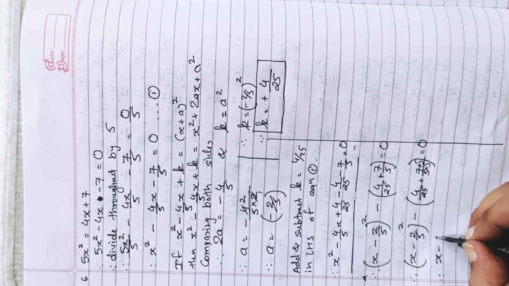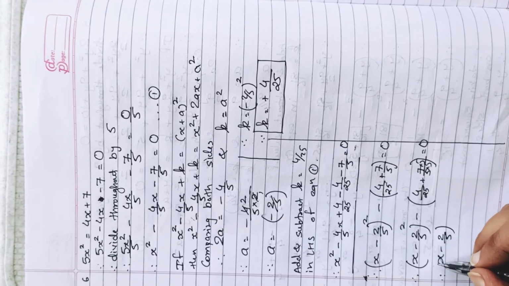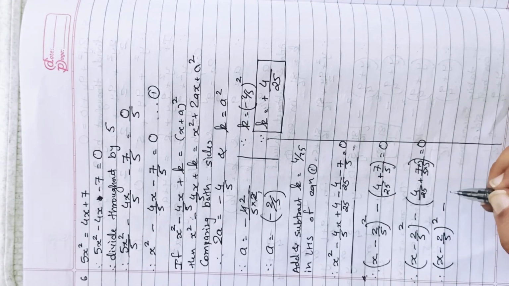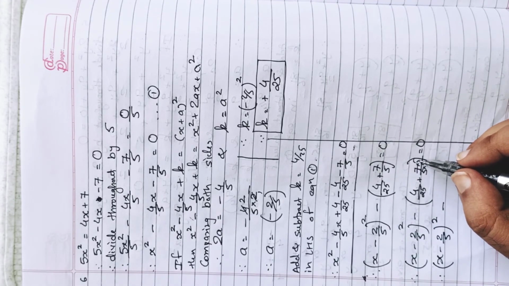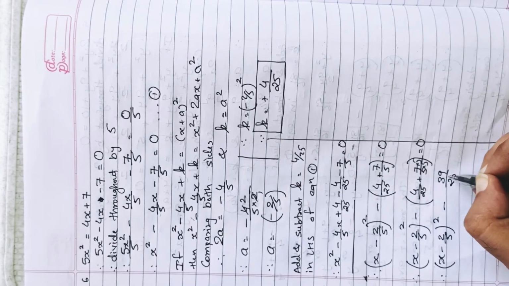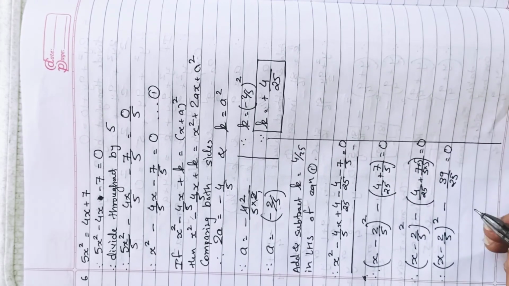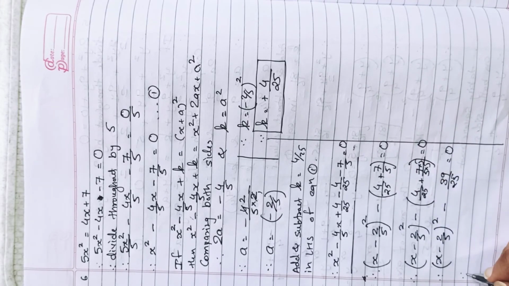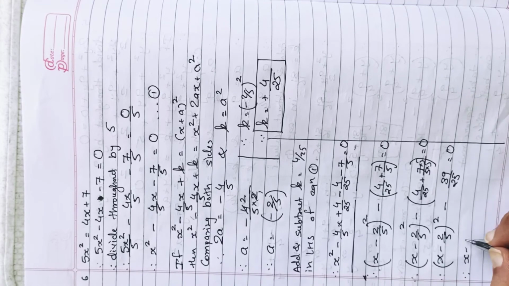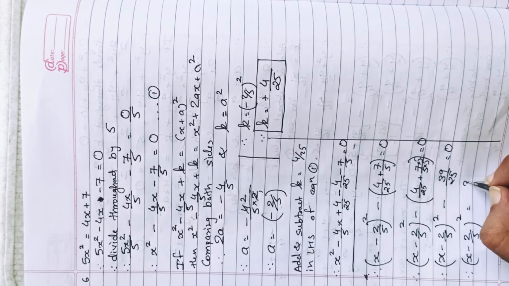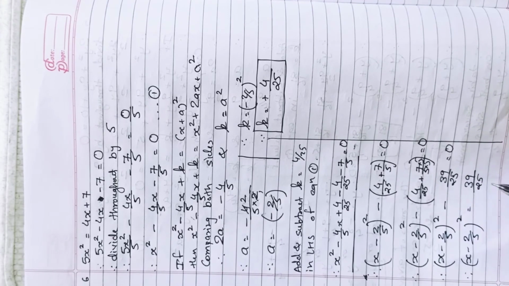So x minus 2 by 5 the whole square minus 7 5s are 35, 35 plus 4 39 by 25 equal to 0. Now this 39 by 25 will go on the other side. Therefore x minus 2 by 5 the whole square equal to 39 by 25.